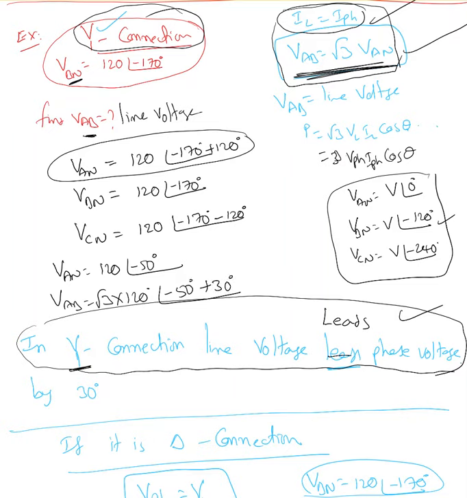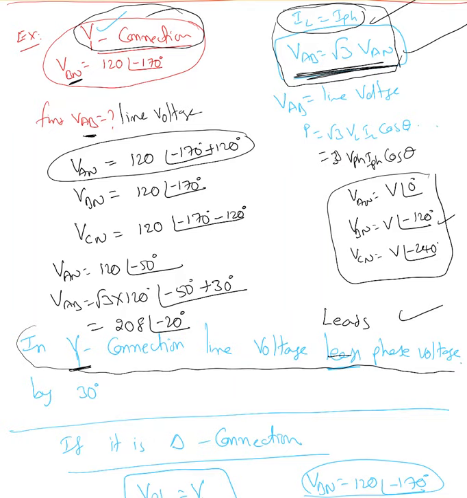You're finding the line value, and the line voltage leads the phase voltage by 30 degrees. Since it is leading, I have to add, and that's a plus. So square root 3 times 120 is 208 at an angle of minus 20 degrees. This is how we find the line voltage from the given phase voltage.